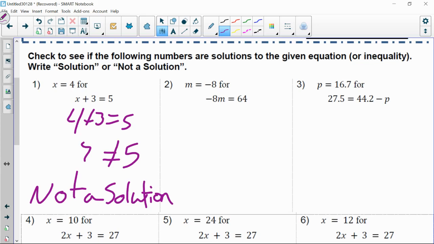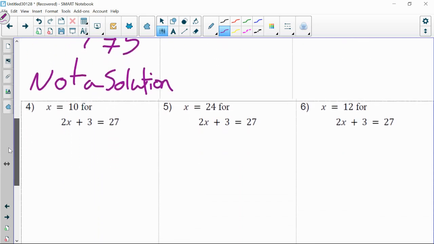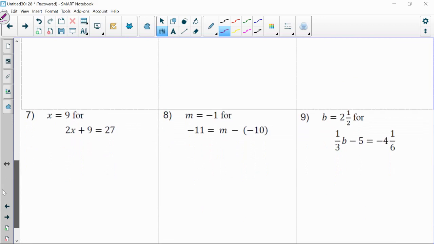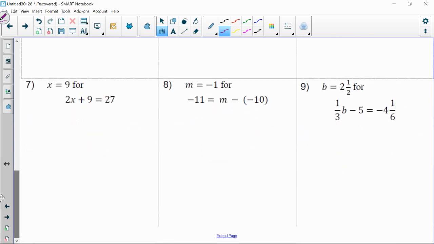Okay, let's look at one of the more difficult ones to talk about. Let's do 9. It's been a while since we've done fractions, but we need to replace b with this mixed number. So if you need to, scroll in so that you can write neatly.